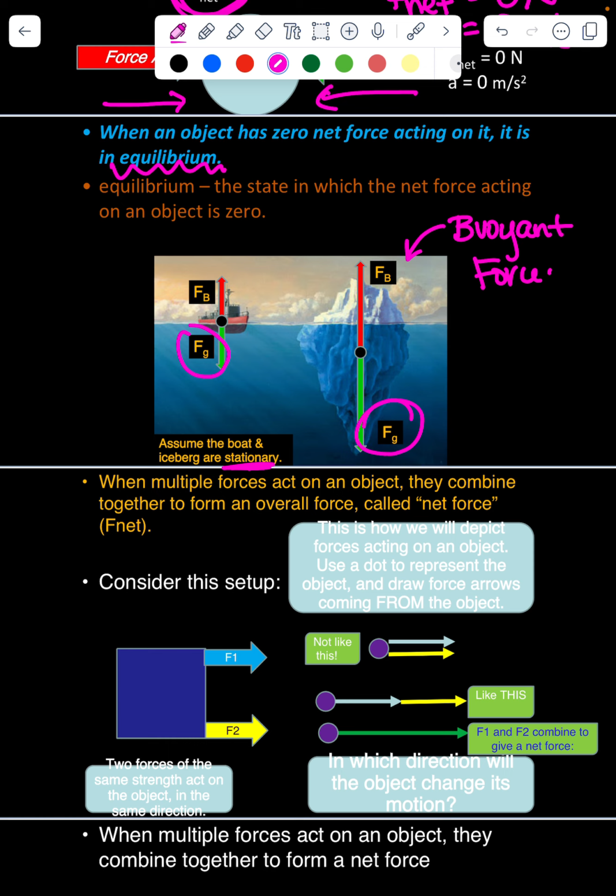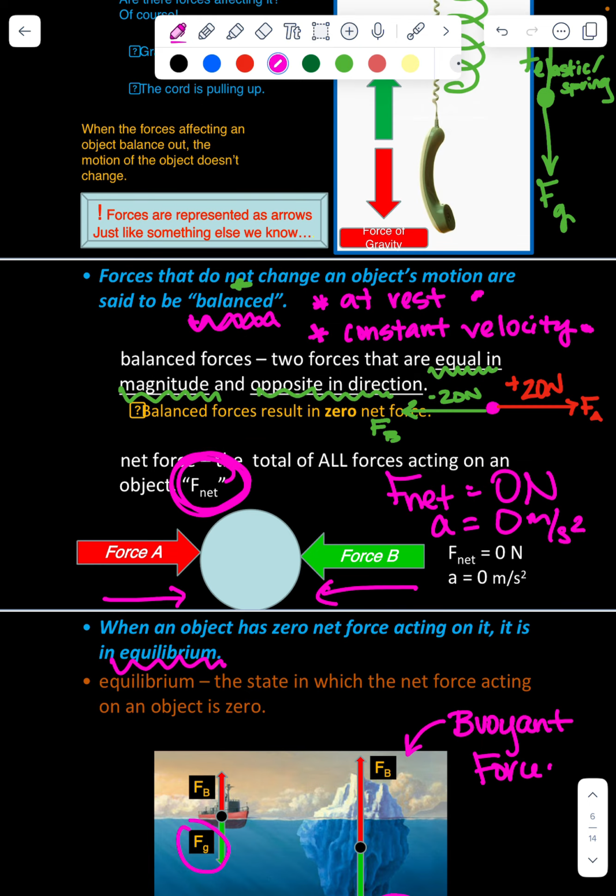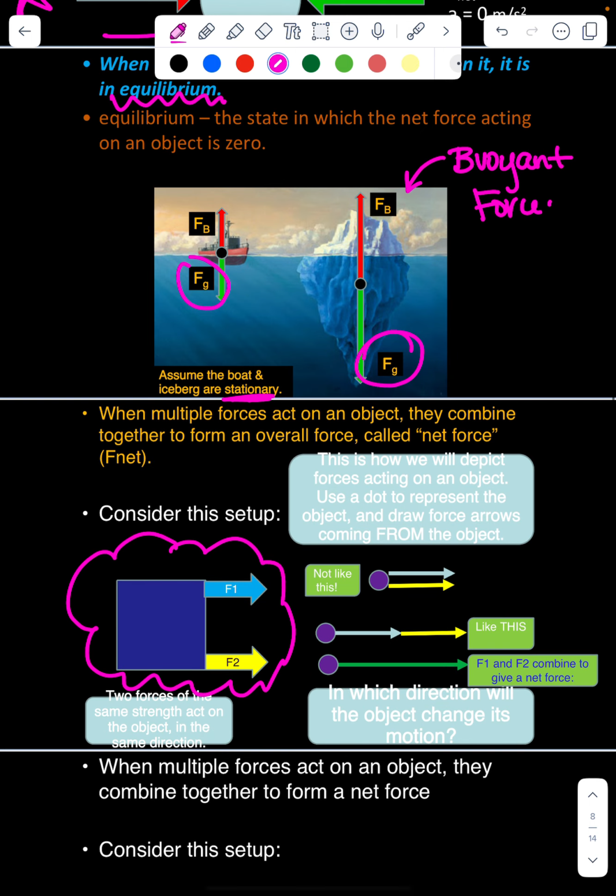All right here, we have an object that has two different forces being exerted on it. Now, different from this one right here, these were going in opposite directions. This one has two forces that are being exerted on the object going in the same direction. So if we were to draw a free body diagram, we would not draw it like this.